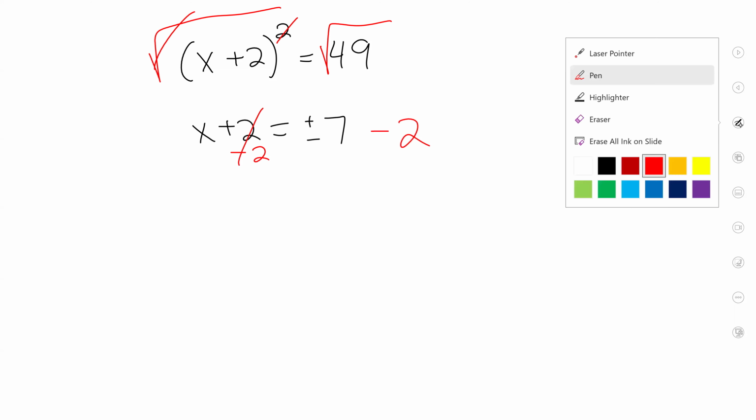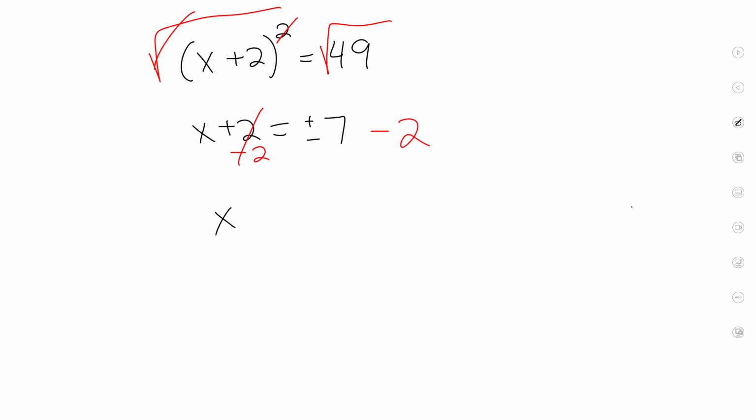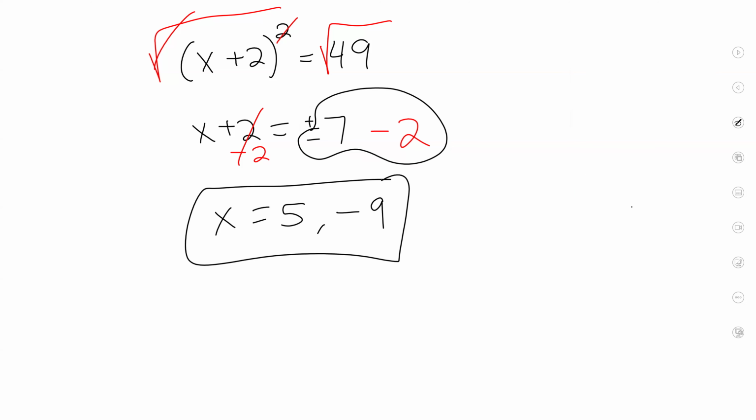Okay, so let's look at what my answer would be. First, let's look at the positive 7. What's 7 minus 2? 5. Good. Now let's look at if it was a -7. So let me circle that one. What's -7 minus 2? So those are your answers, -9 and 5.